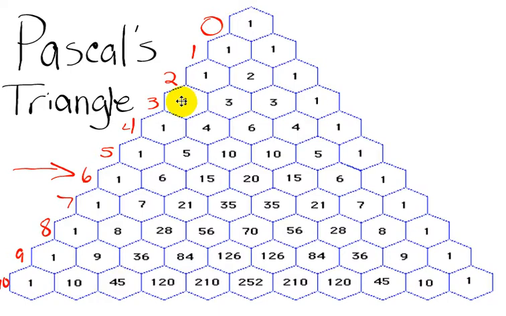Well, there really is a way they calculate these. Notice that 1 plus 1 is 2. See that? Then you start the next row with a 1, and then 1 plus 2 is 3, 2 plus 1 is 3, and the outside is 1.